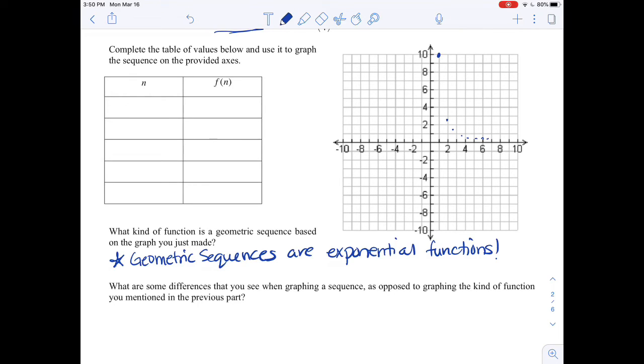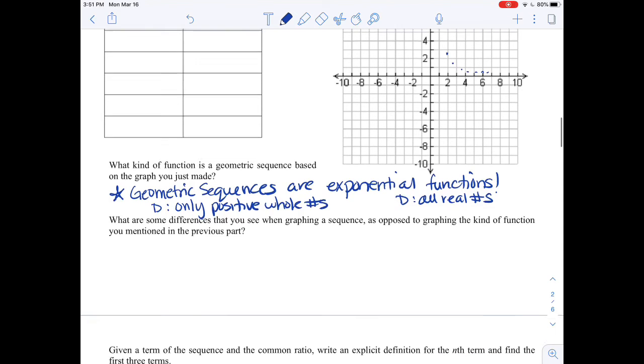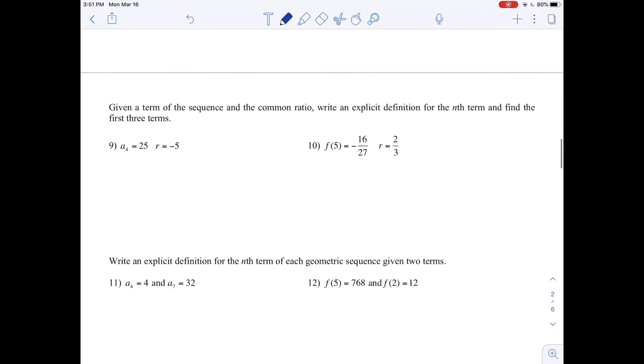Once again, the biggest difference is that the domain for a geometric sequence is that it's only positive whole numbers, whereas for an exponential function, it normally would have been all real numbers. Okay, you're only plugging in these whole values. So that's again the biggest thing I want you to get out of that. Geometric sequences are really exponential functions.